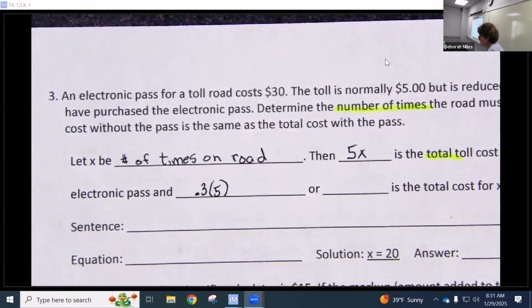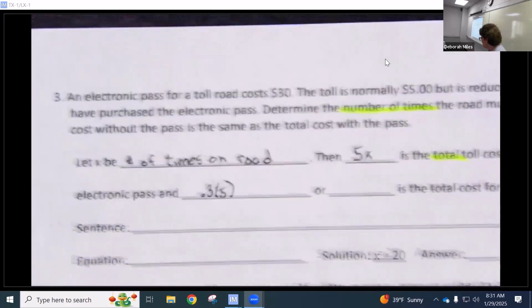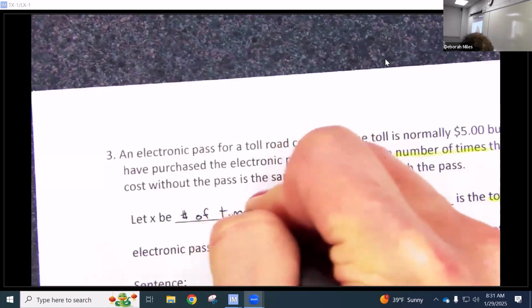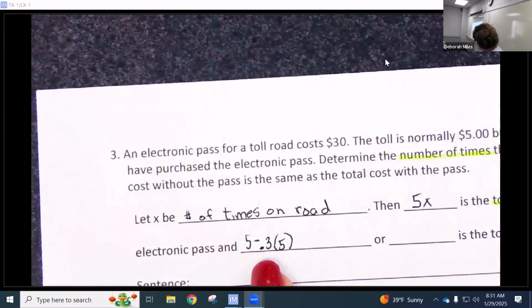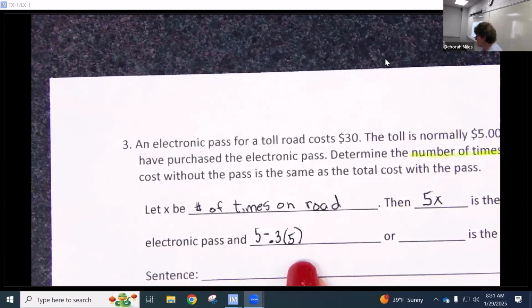Is that what you paid? No, that's your, give me words. That's your amount of discount. So you're not paying the amount of discount, you're discounting the $5. And discount implies what operation in math? Subtraction. So 5 minus 30% of 5 is how much you're paying every time.